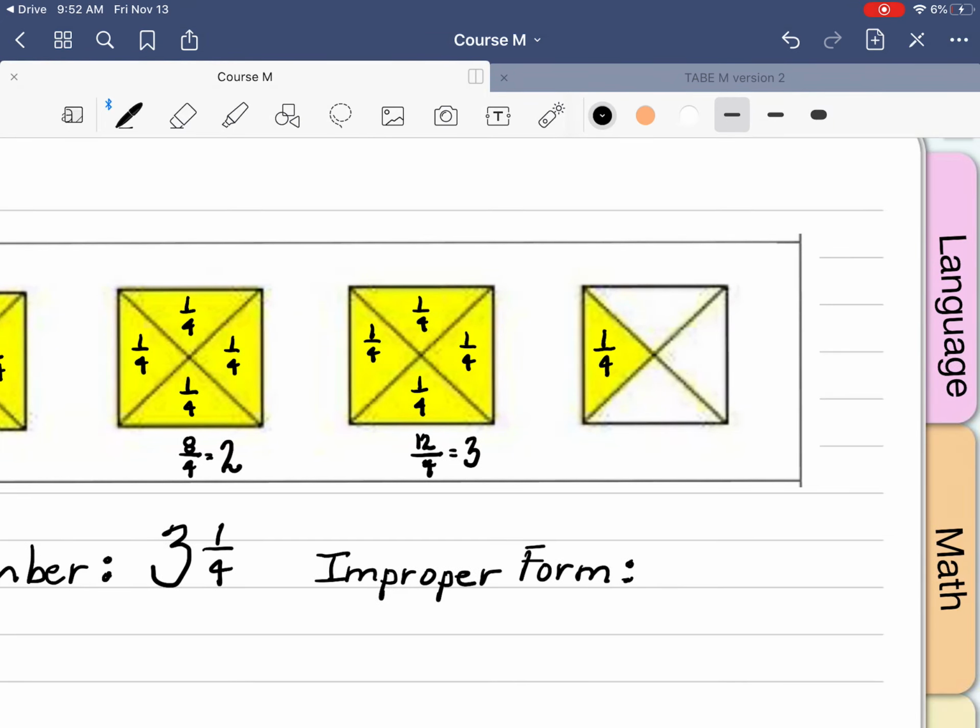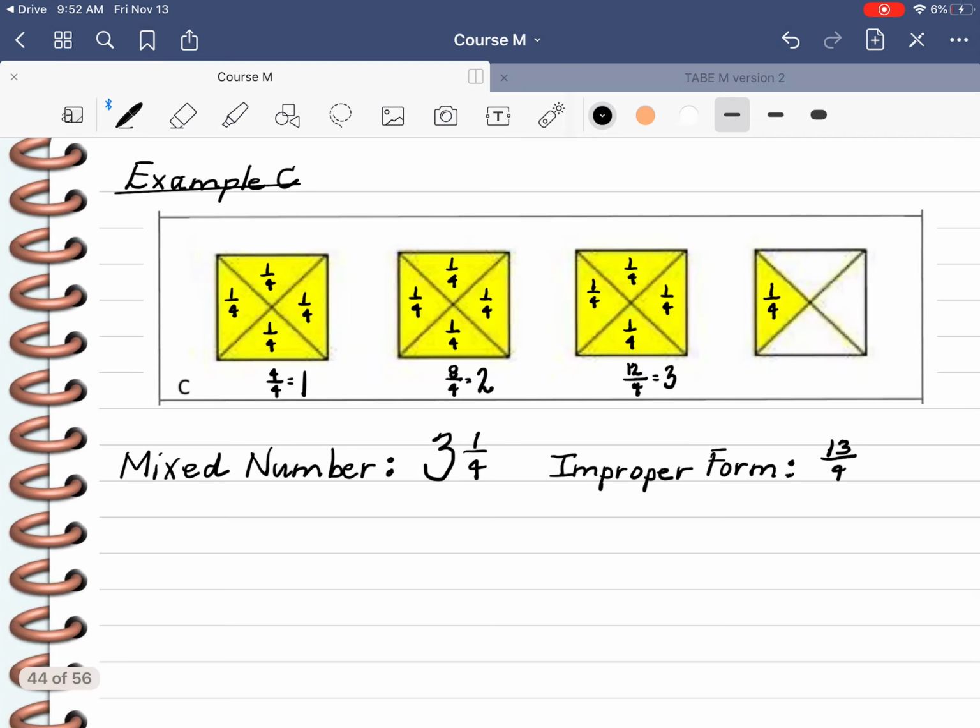So we have 3 1/4, or we have 12 fourths plus one more is 13 fourths. So I believe that these two, this mixed number and this improper fraction, are correct, but let's make sure. Let's make the mixed number MAD and we'll see if it turns out to be correct.